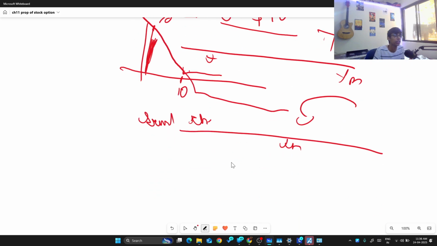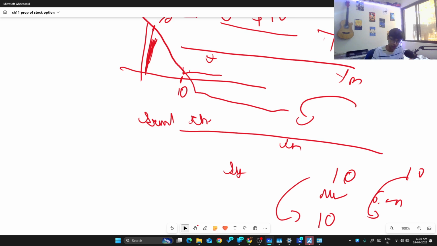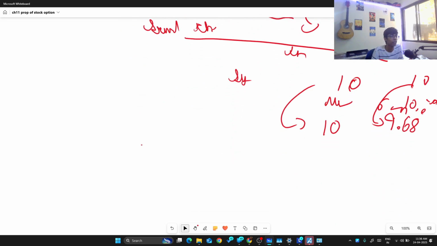Let's say $10 now is better than $10 after 6 months, because $10 now is $10, and $10 from the future is 9.68 after discounting, like 10 e^(-rT). So $10 now is better than $10 later, right? That's the whole idea behind it.